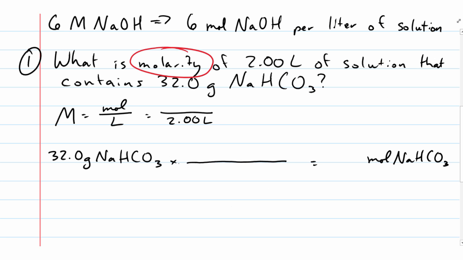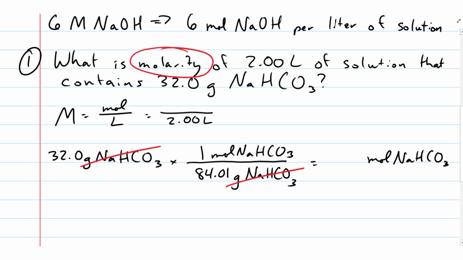84.01, right. So then we come back here and we ask ourselves, where do we put in that 84.01? Goes in the bottom. And the units on that are grams of sodium bicarbonate. And on the top we put in 1 mole of sodium bicarbonate. So at this point, grams of the sodium bicarbonate cancel out.